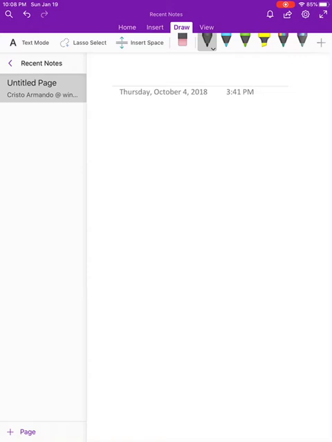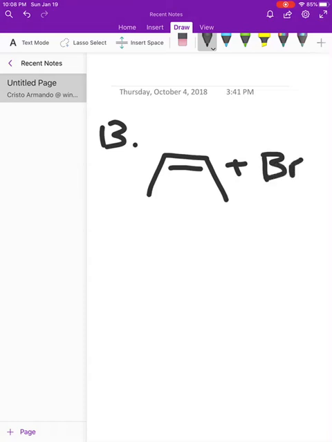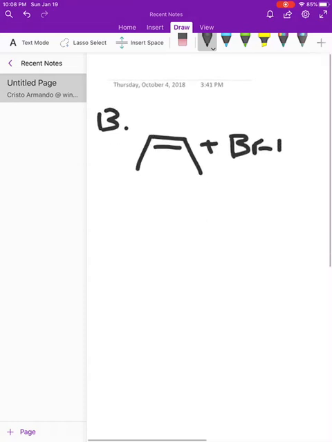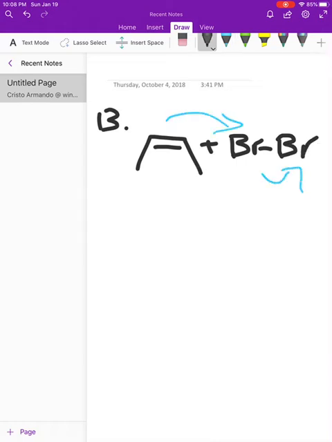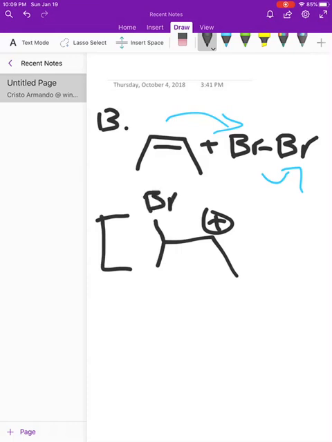All right. So problem number 13, we have something like this. So again, the same mechanism. Actually, before I forget it, there was a mistake on the mechanism for the last problem.